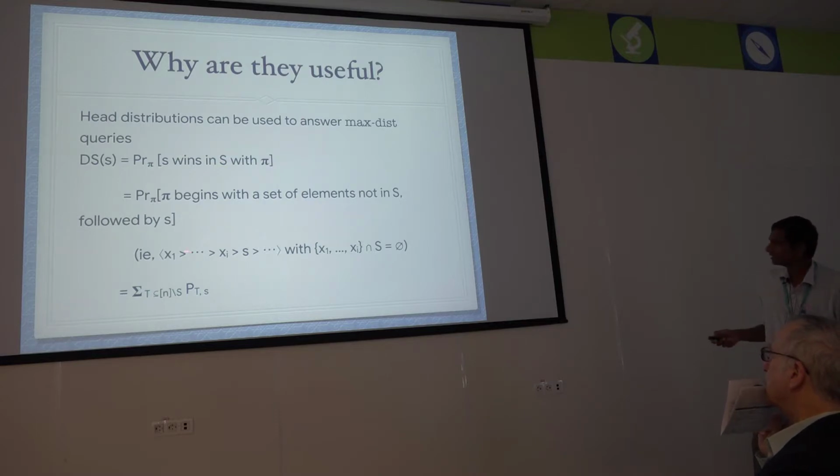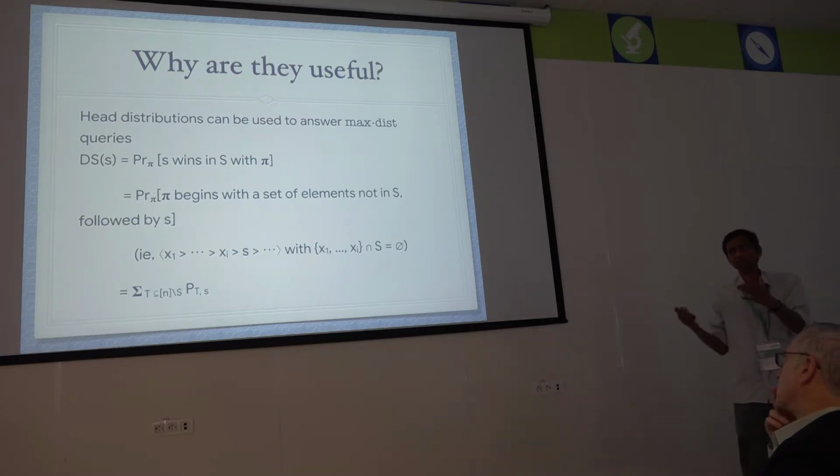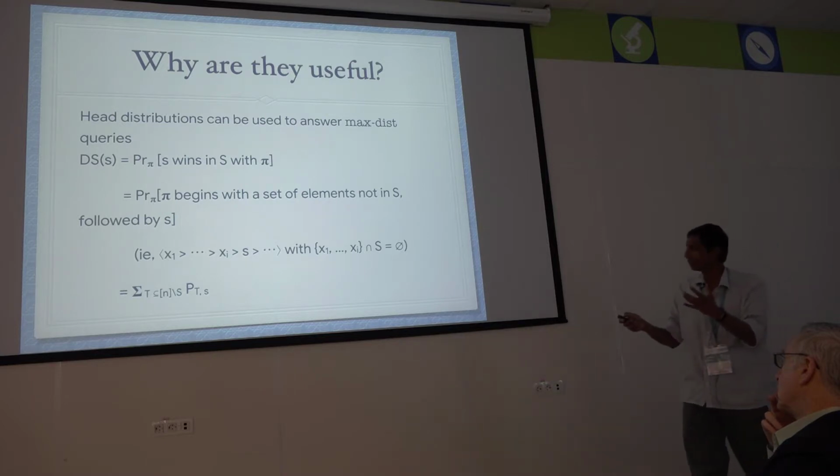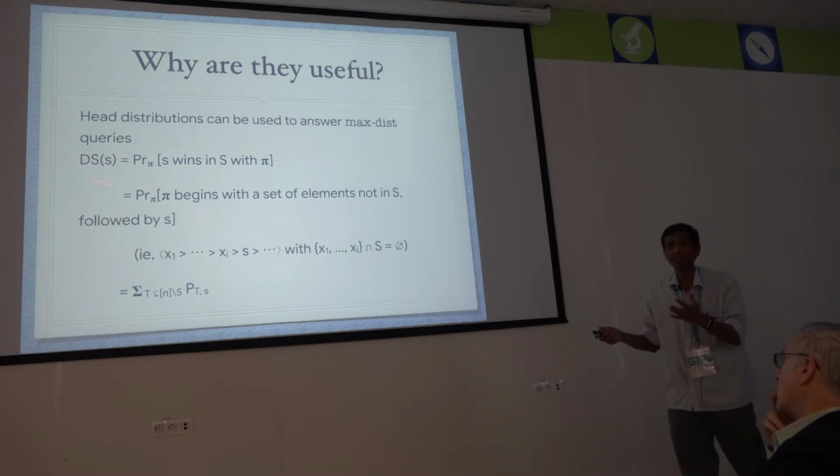Which means that pi is of the form x1 through xi, where x1 through xi doesn't intersect with S, followed exactly by s. So s is the first element from S to occur in pi, which is exactly the sum over all subsets T of the universe [n] minus S, of P_T,s, the head distribution that we defined. So head distributions are a very natural way to go about computing the winning probability for any slate.